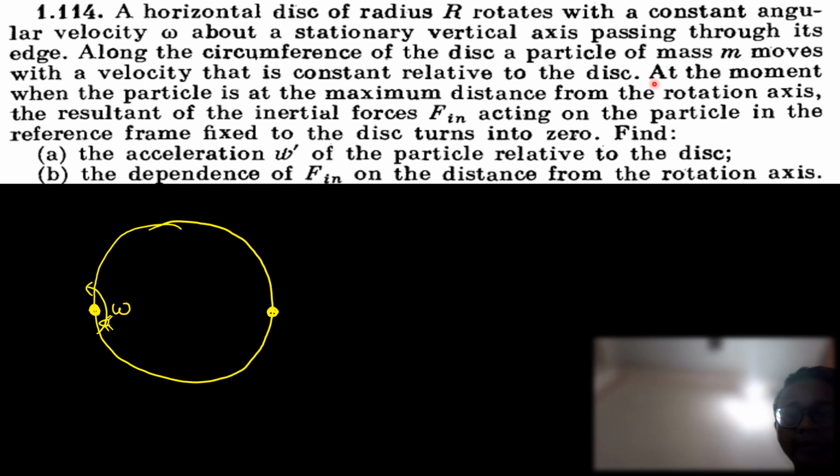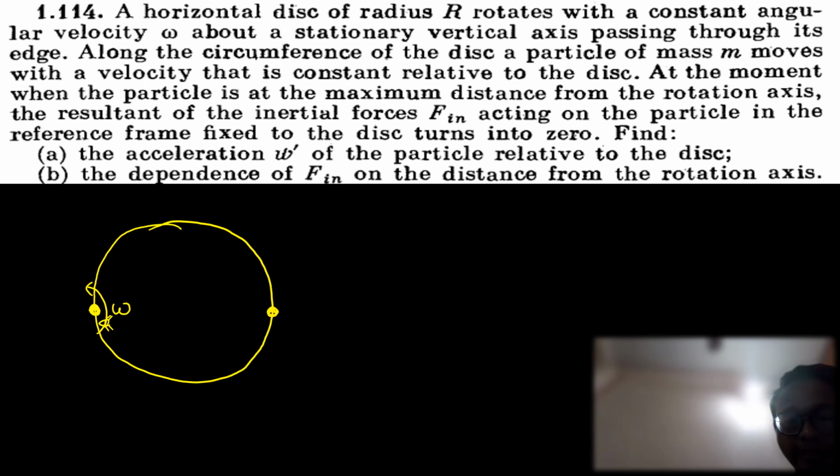At the moment when the particle is at the maximum distance from the rotation axis, the resultant of the inertial forces acting on the particle in the reference frame fixed to the disk turns to 0. Now see what the question is trying to say.